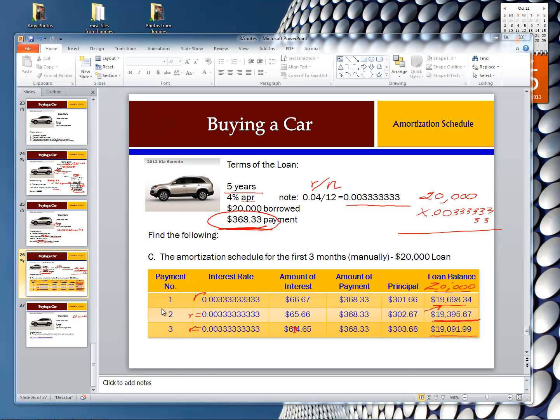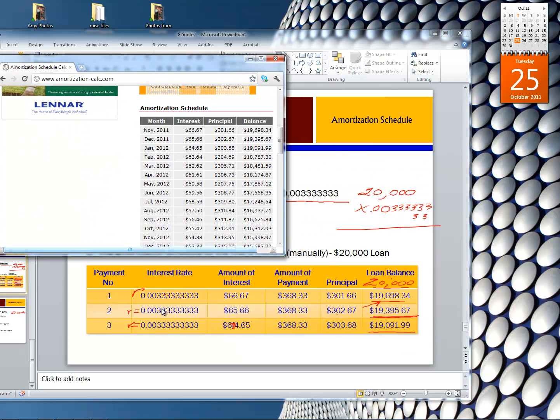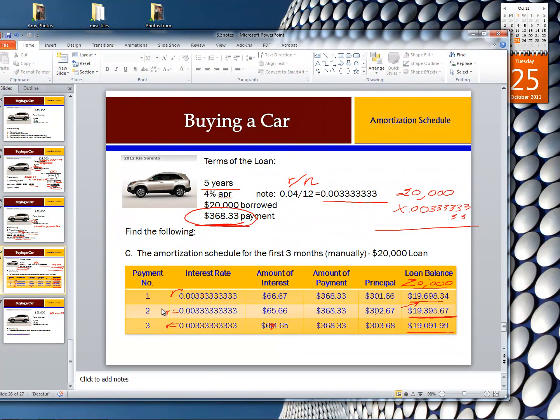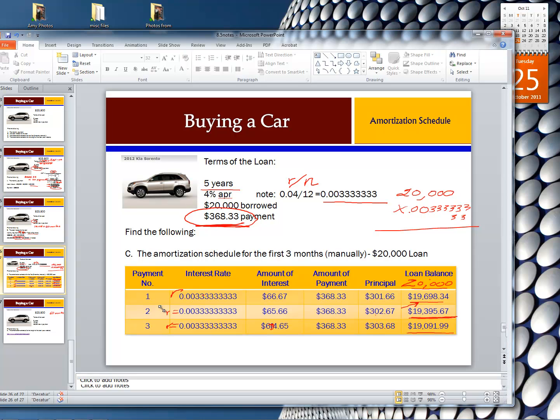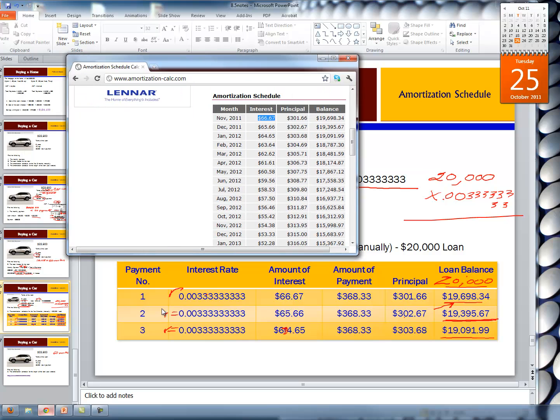All right, so here's the amortization schedule that we just got. And I want to compare. Notice that the first month's interest shown is $66.67, just as we got. The second month, $65.66. The third month, $64.65. The payment is not indicated here, but up here you will notice that the payment is indicated.